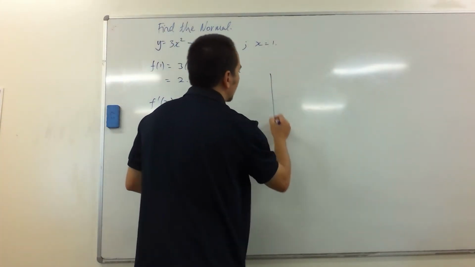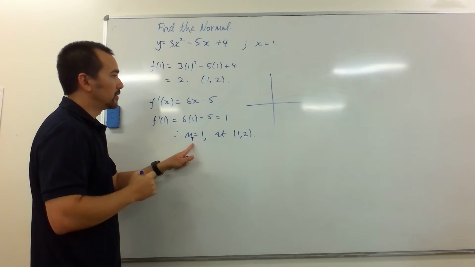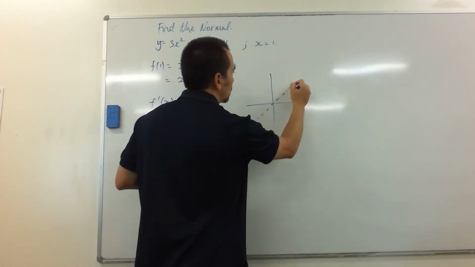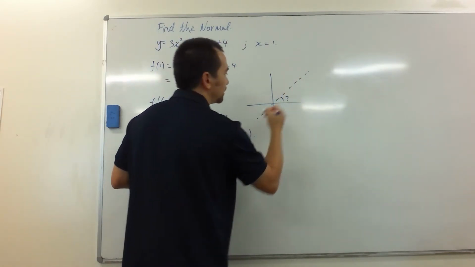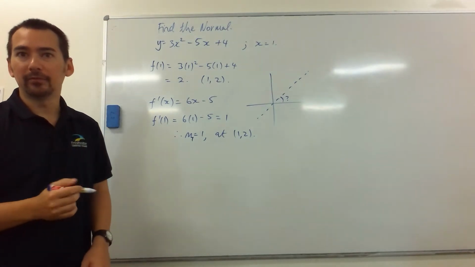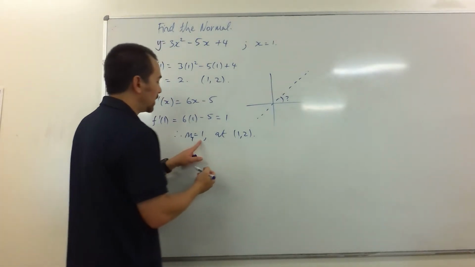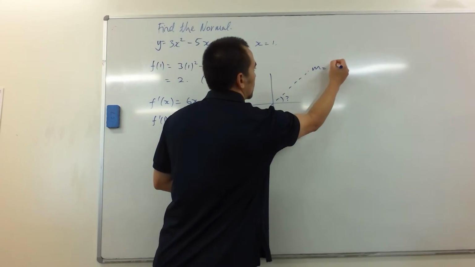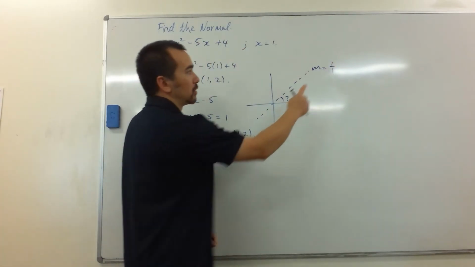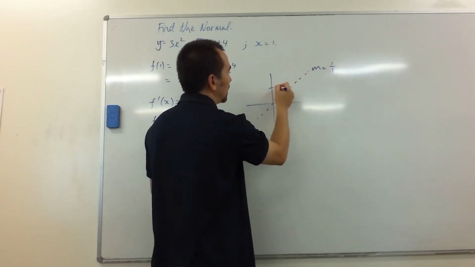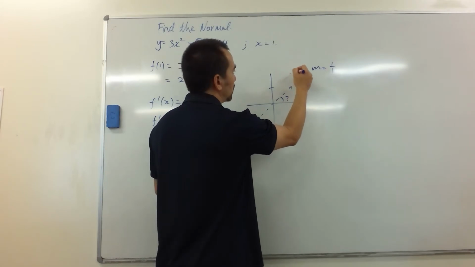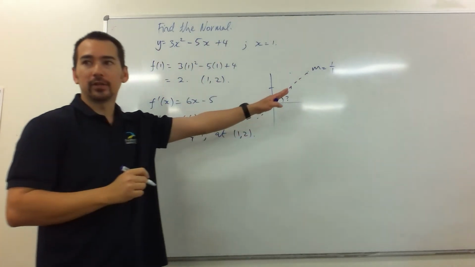Now, if the slope of the tangent is 1, what angle would that be? It would be 45 degrees, right? Because 1 is the same as 1 over 1, true? The rise is 1, the run is 1. Up 1 to the right 1, up 1 to the right 1. So it's 45 degrees.